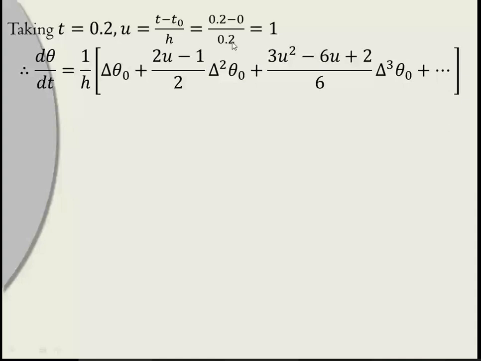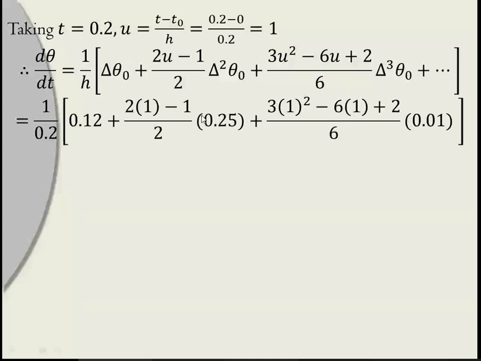The formula of the derivative d theta by dt, as we took last time, is 1 by h times delta theta naught plus 2u minus 1 by 2 delta square theta naught plus the delta cube theta naught term, plus so on. Now substitute all these values, with u as 1, and do the calculation.